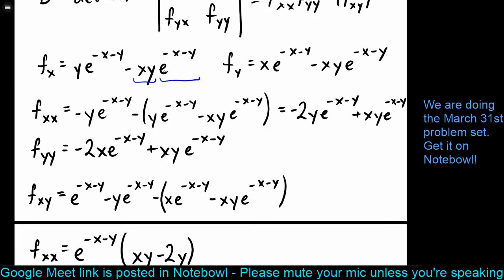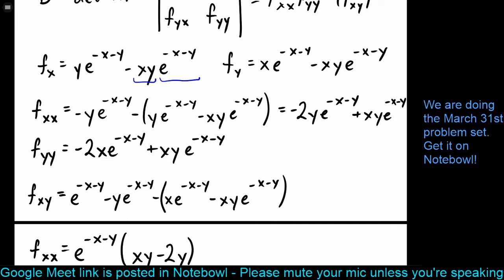But remember, the derivative of the second is just going to be negative e to the minus x minus y. So that negative is right here, and then e to the minus x minus y. So this is derivative of the first times the second, and this is the first times the derivative of the second. Right? And then it's the same thing for all the others.